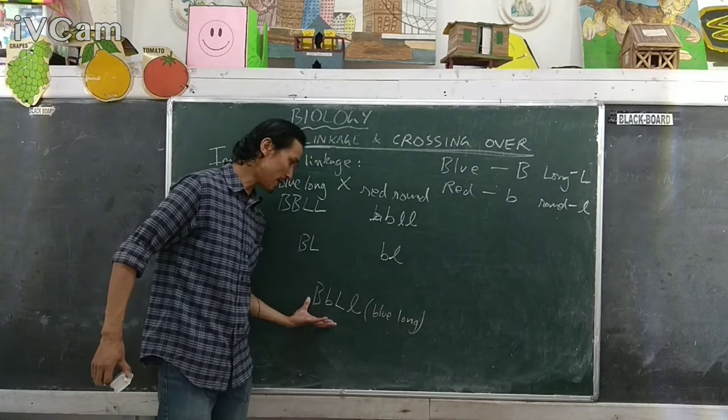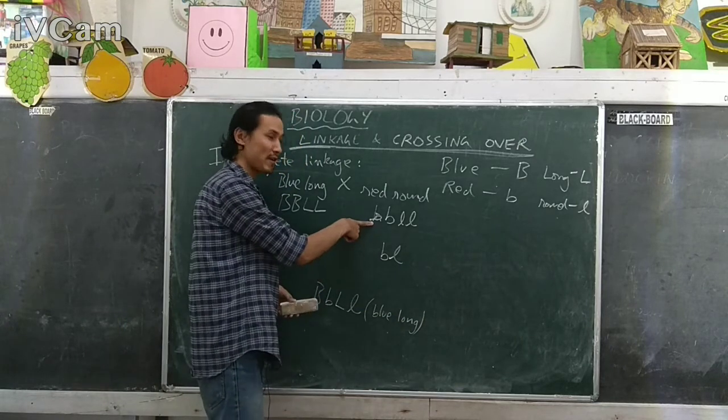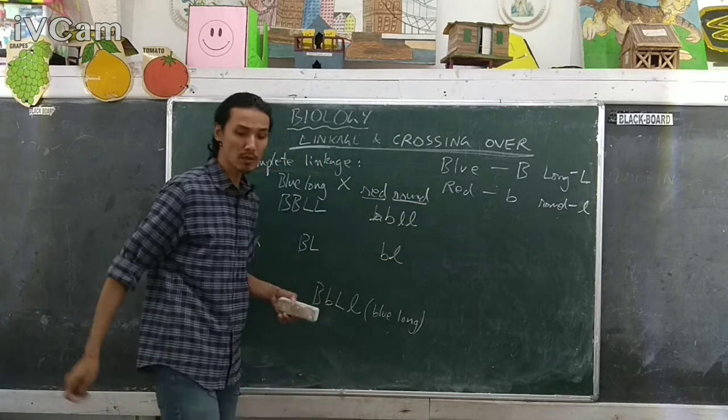Now this F1 hybrid, again, I will cross with a double recessive parent. Your double recessive parent is your red color and round pollen grains.